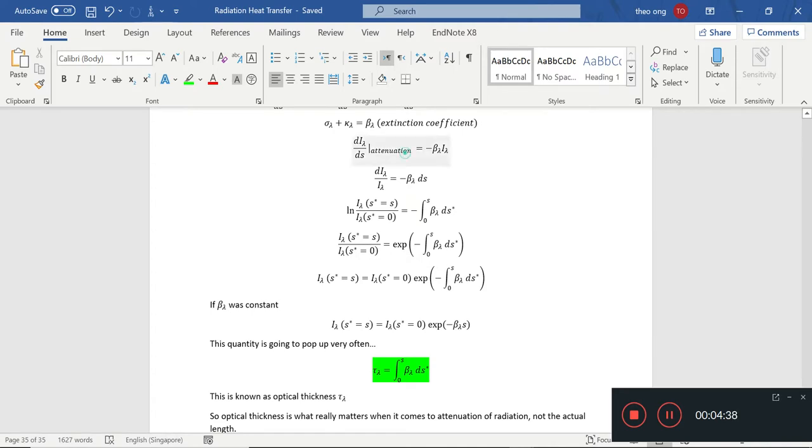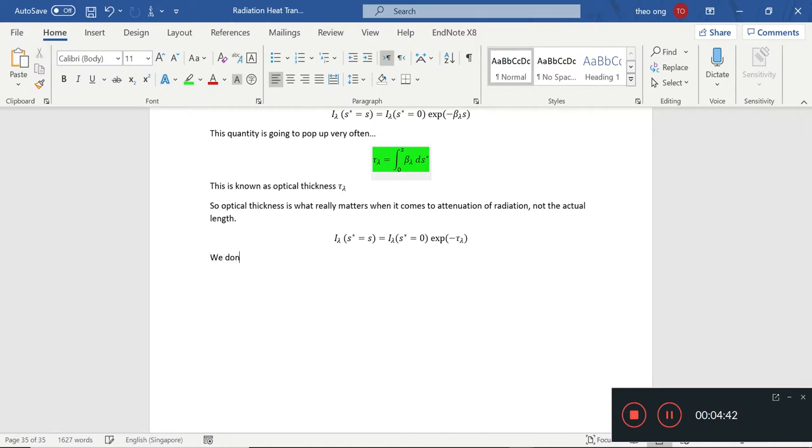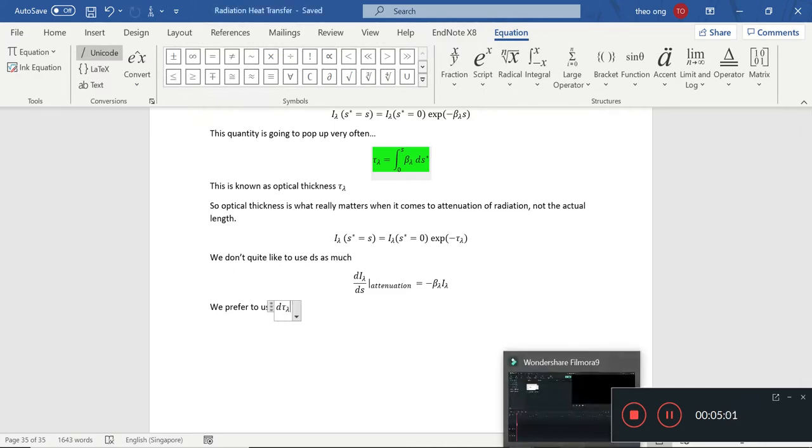And now instead of using ds, we prefer to use d tau lambda, or d tau eta, d tau nu.